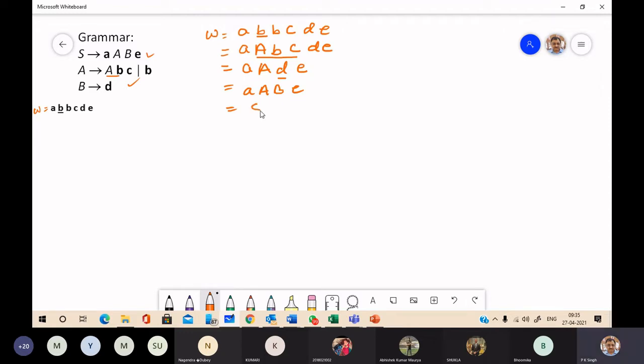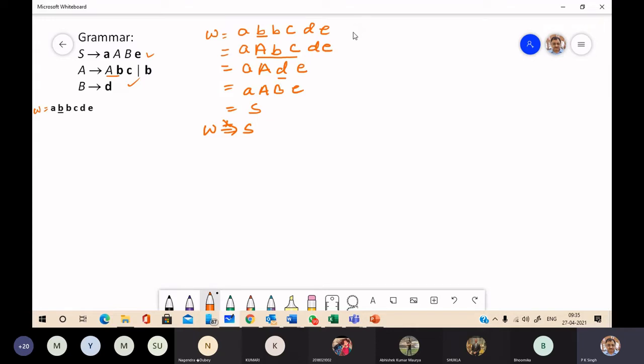So what we have done is reduce this to the start symbol. This is called bottom-up parsing.